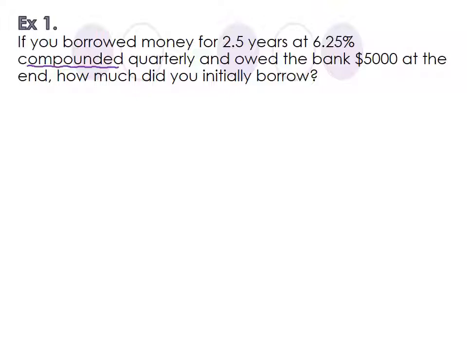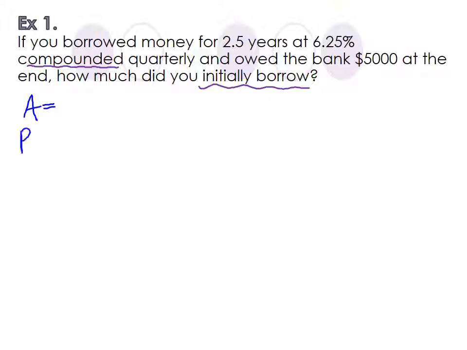Today it's asking you stuff like what is it worth today? What is it initially going to be? How much money did you originally invest? That's how you know it's present value. So how much did you initially borrow? That's asking you for the here and now.